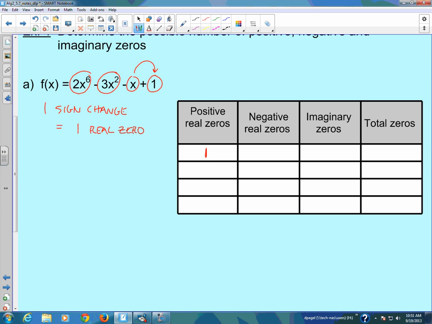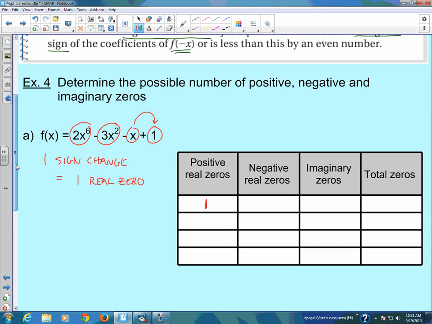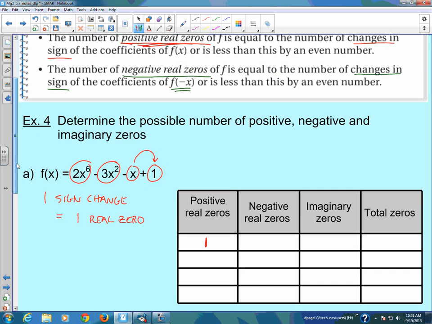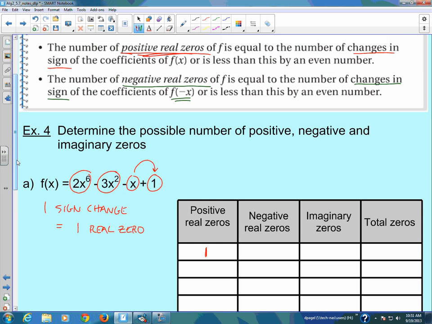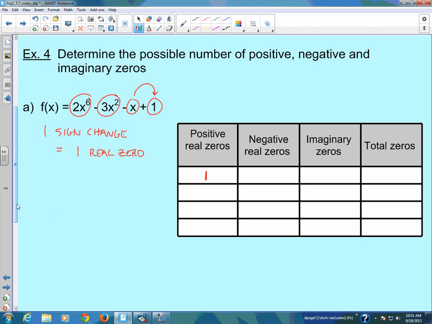What about the negative side of things? Negative real zeros. Let's look for that. This involves me taking f of negative x. So now I'm doing this. I'm getting 2 times negative x to the 6th minus 3 times negative x squared minus negative x plus 1.